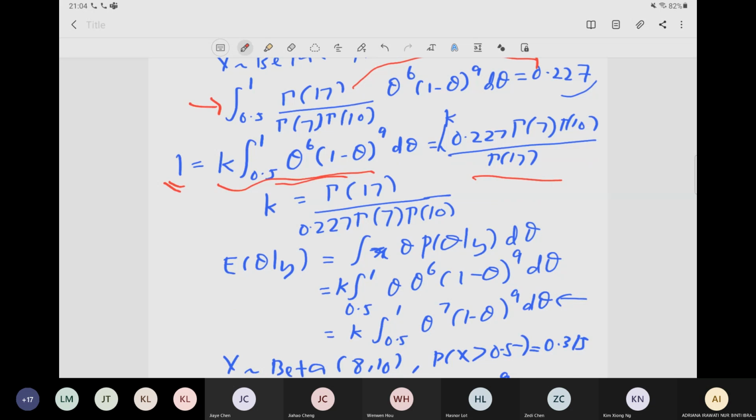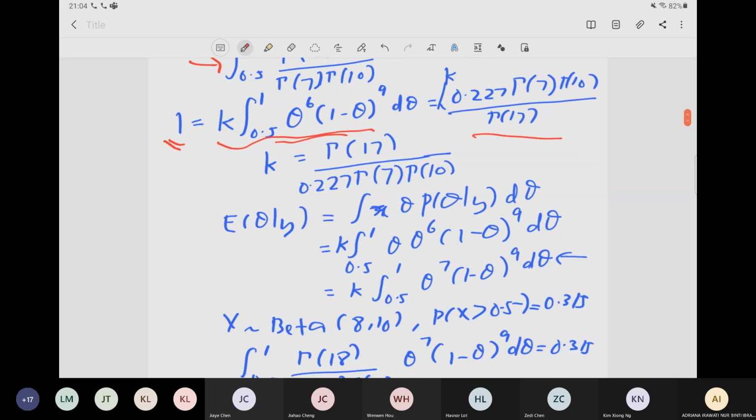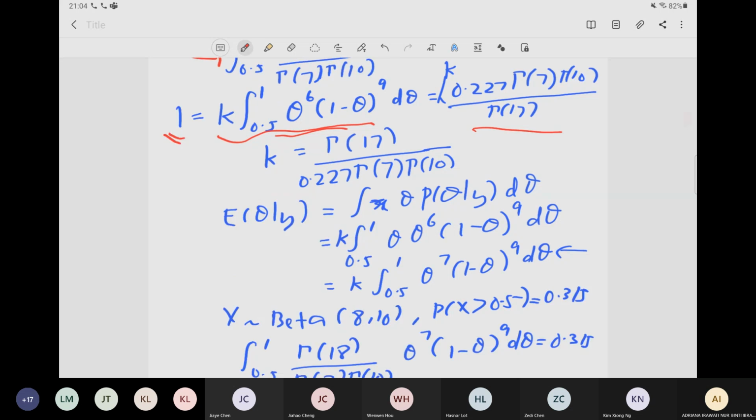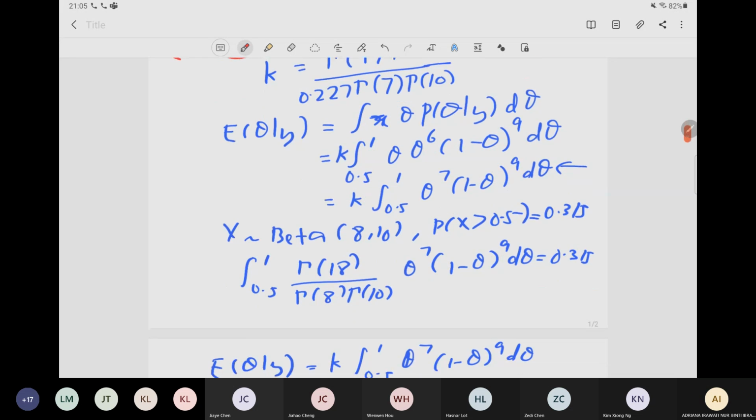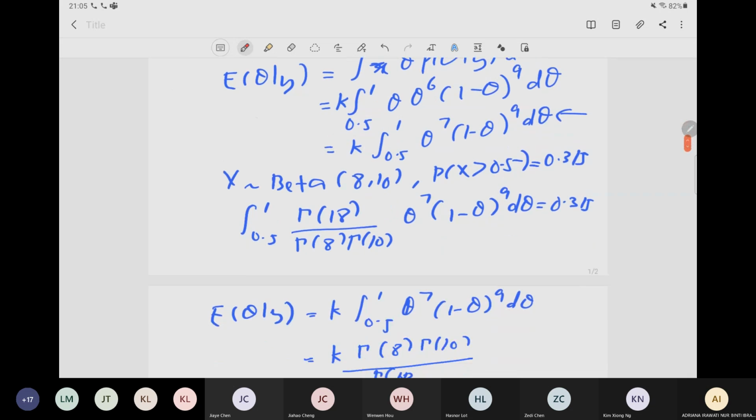Then you want to find the posterior mean of theta. The posterior mean is your theta multiplied by your posterior, so you have this one with the k. I just put k again because question 3 is too long. You want to find the expectation of this, so you use your second hint: beta 8, 10. The probability of beta 8, 10 being bigger than 0.5 is 0.315.